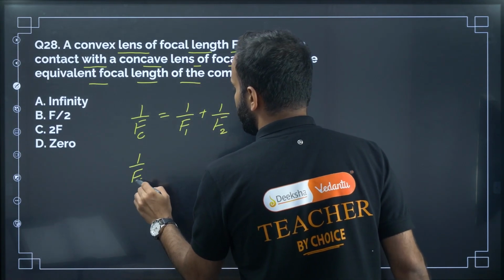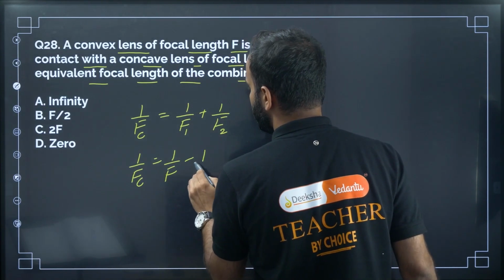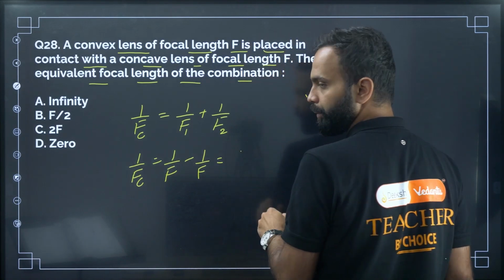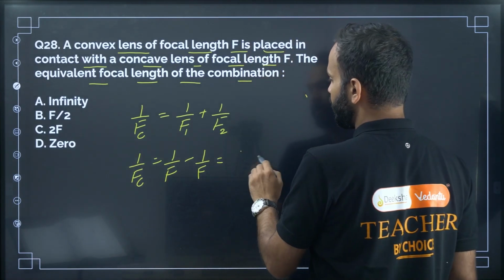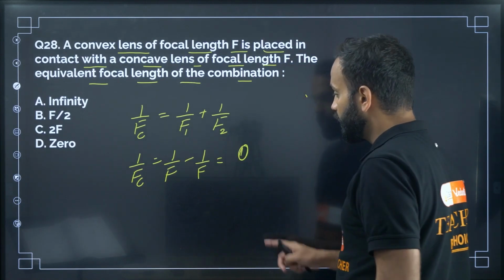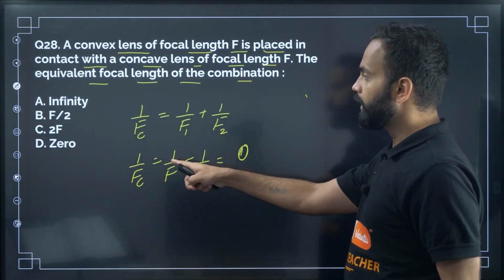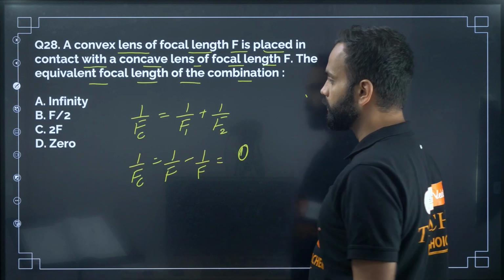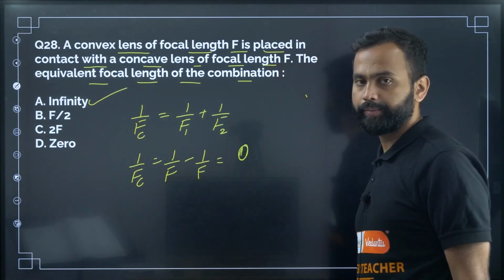So 1 by fc is equal to 1 by f minus 1 by f, which is equal to 0. So the focal length of the combination will be infinity. So the correct option is A.